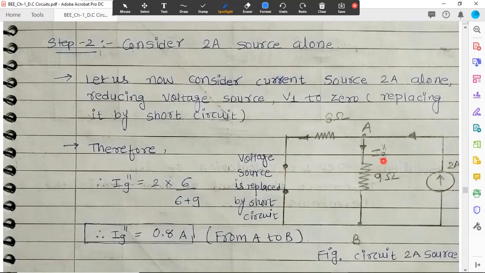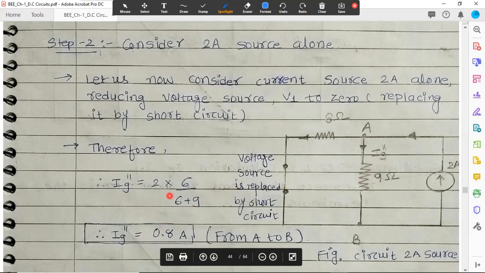This current flows due to only the 2 ampere source. To find this current I9 double dash, we can use the current divider rule: I9 double dash equals total current 2 ampere into 6 ohm upon 6 plus 9. So I9 double dash equals 0.8 ampere.